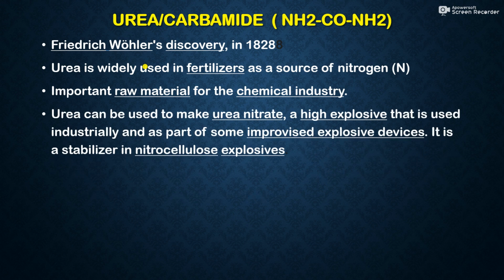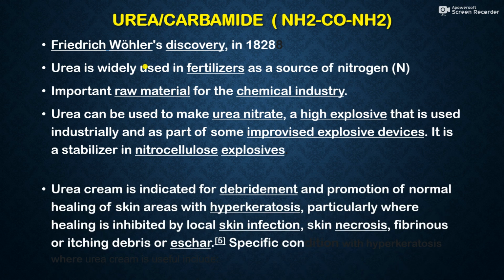Urea can be used to make urea nitrate, a high explosive that is used industrially and as a part of some improvised explosive devices. It is a stabilizer in nitrocellulose explosives.